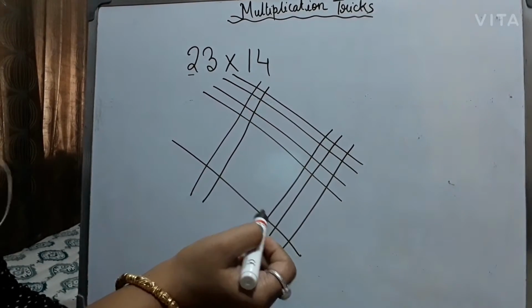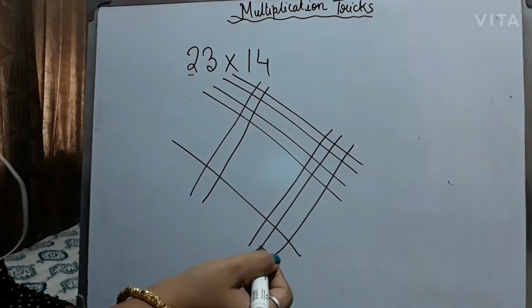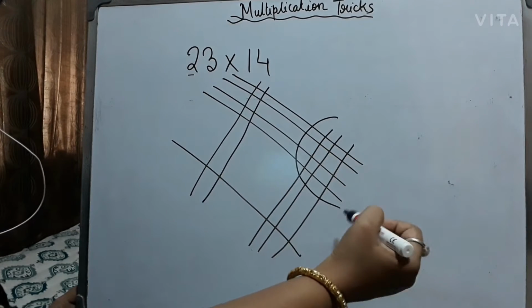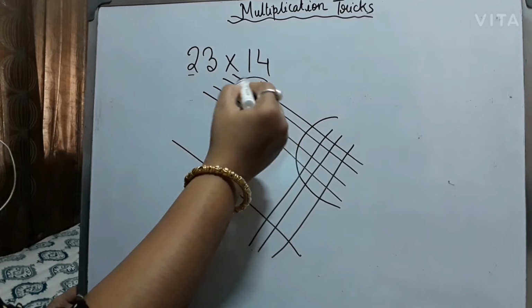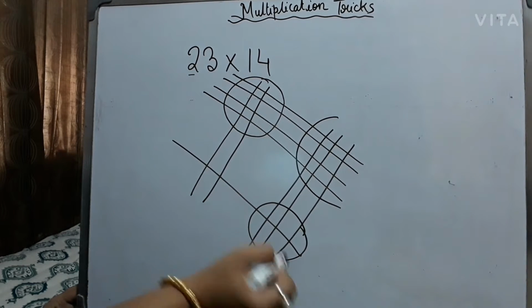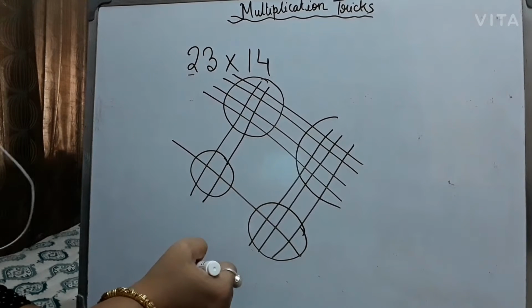You all will think, what is this, what is ma'am doing? This is very nice, interesting one. This part goes for the ones digit, this part the middle digit, and this part the hundreds place digit.